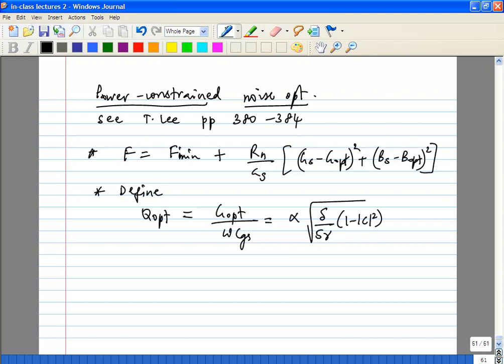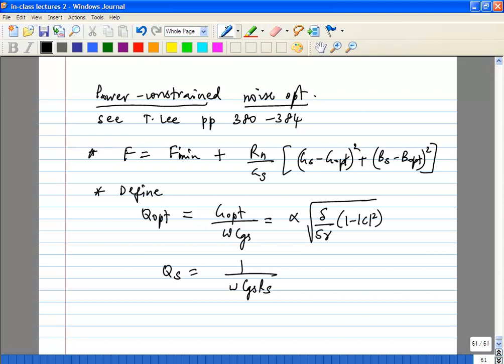So don't worry too much about the derivation for now, we just want the final result. And then you also define QS, which is 1 over omega CGS RS.